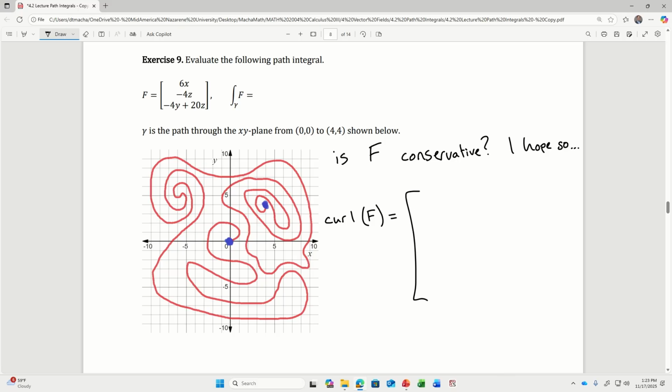And that's the partial with respect to y of negative 4y plus 20z, minus the partial with respect to z of negative 4z.